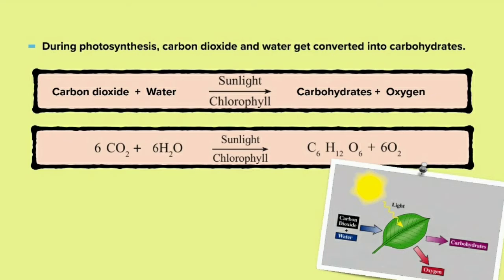The chloroplasts present in the leaves contain chlorophyll, which absorbs sunlight, helping to convert carbon dioxide and water into food. And oxygen is given out in this process. Have you understood, children? Okay.